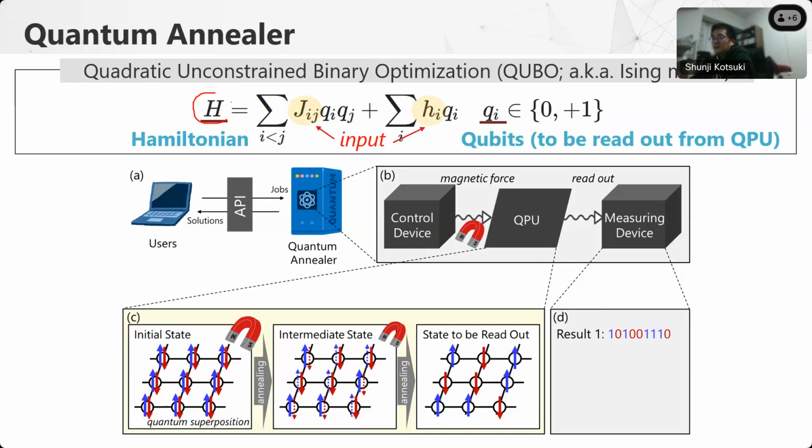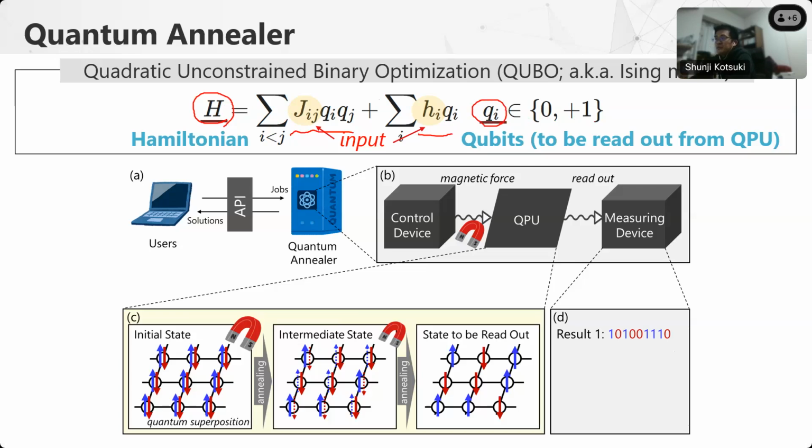This is a Hamiltonian that will be minimized, and it is composed of two parts: the quadratic part and the linear term. But the point is that this problem should be represented by binary variables that can handle only 0 or 1.